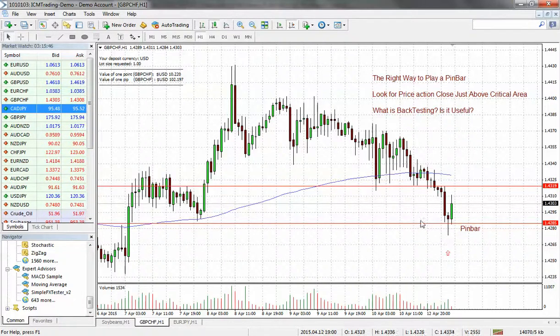If this tail were above here and the close was up here, you'll see how much more difficult it is to trade this when the tail is within the zone. You want it to extend out of the zone.